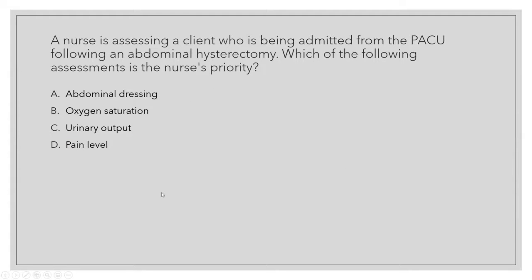Okay, a nurse is assessing a client who's being admitted from the PACU following an abdominal hysterectomy. Which of the following assessments is the nurse's priority? Right, it's B. So this is a really common theme in your questions: prioritization. If you and I met together, we likely talked about some strategies for prioritization.